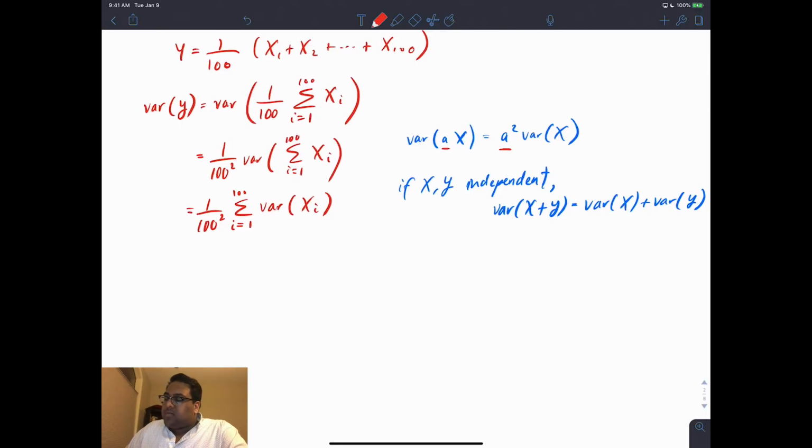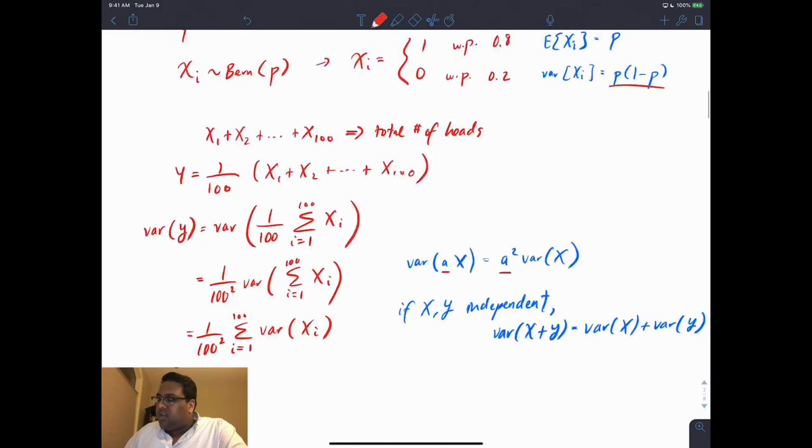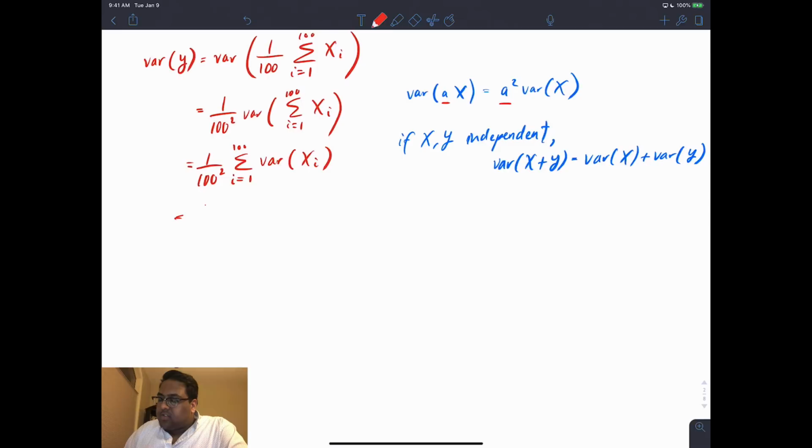Now, to proceed, we notice that each xi has the exact same distribution. They all have the same Bernoulli distribution with parameter p, and that means all of these variances are the exact same. They all have the variance p times 1 minus p. And there are 100 of them, so this is 100 times p times 1 minus p.